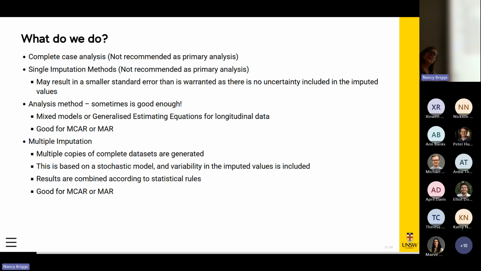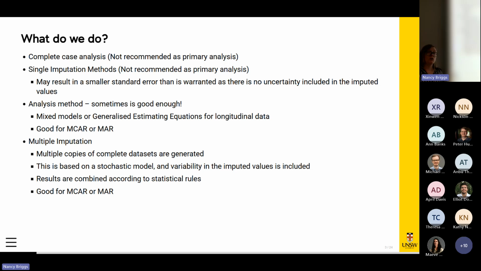So instead, we might do what the vast majority of people who are analyzing these types of studies do now, which is choose an analysis method that allows us to keep those people in who do have missing values. And so you might do linear mixed models with a random intercept or repeated measurements in there.